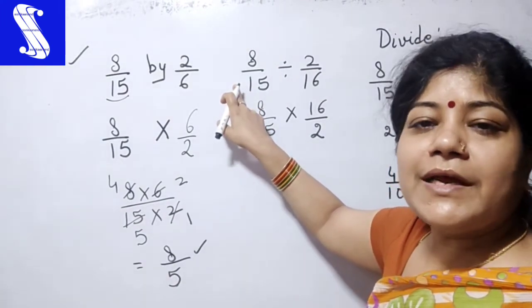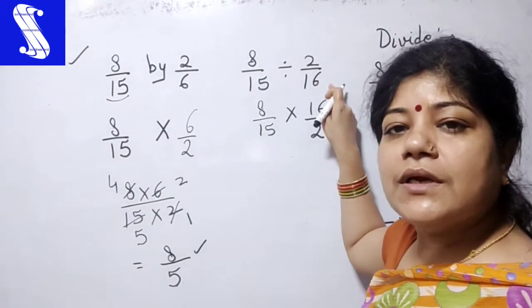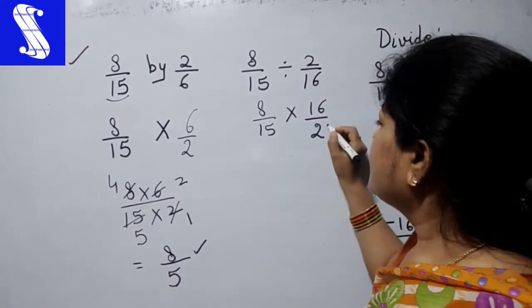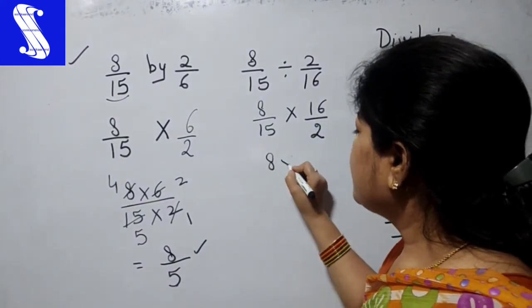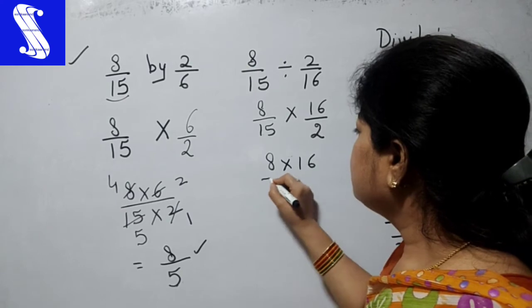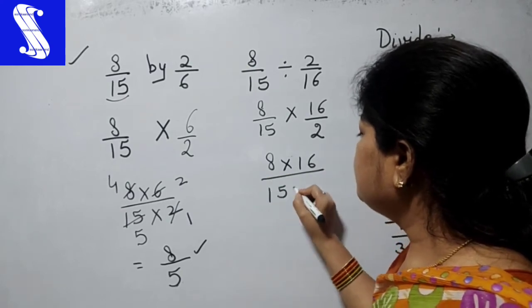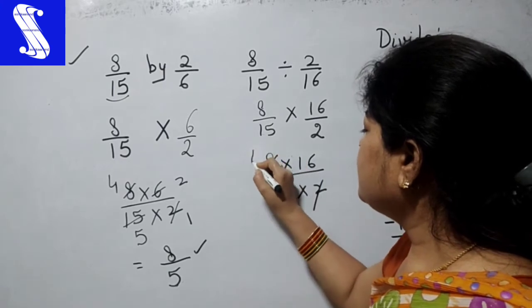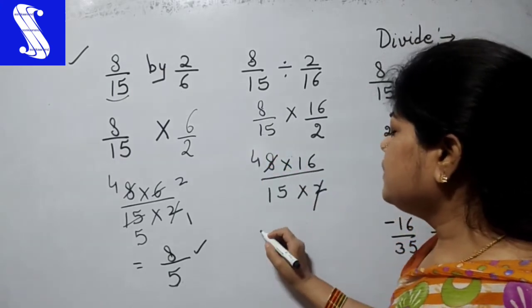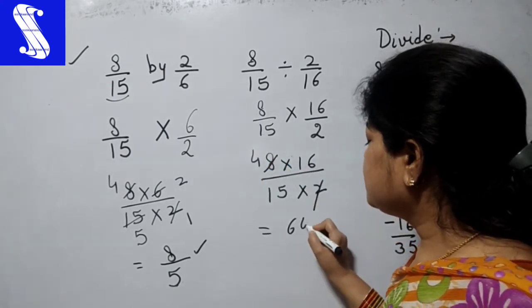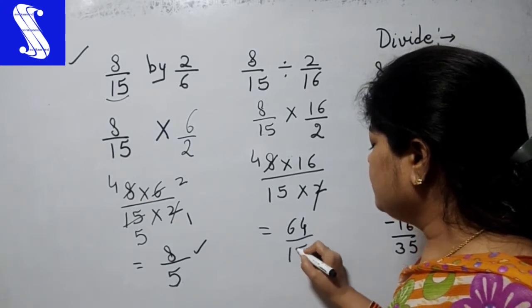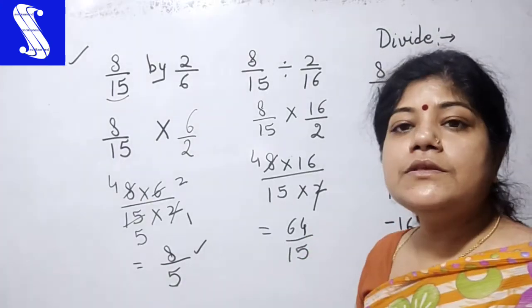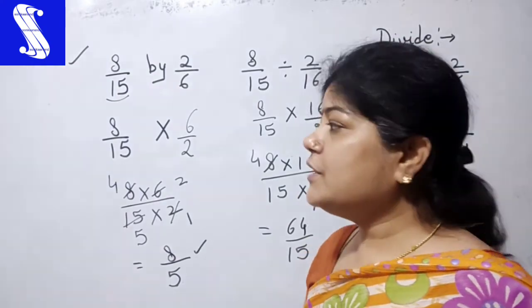Always reverse the rational number which comes later. Now it becomes 8 into 16 over 15 into 2. Nothing is cut down over here. That is 64 over 50. In this way, you divide rational numbers.